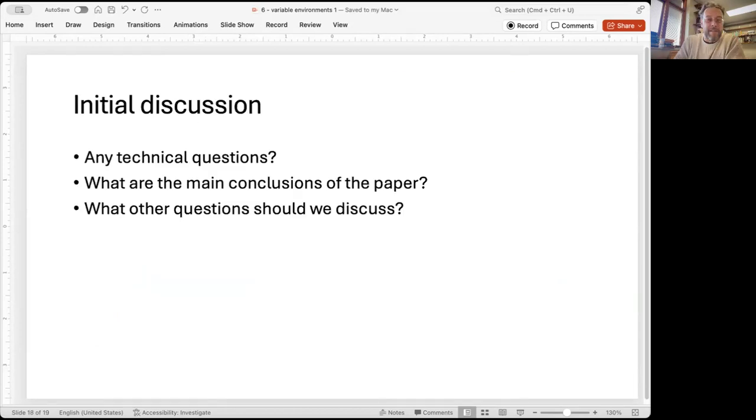So that'll be the first task. So initial discussion section, I'll send you into your little working groups, and you want to discuss with your group these 3 things. First of all, were there any questions about the logic of the paper, what they did, and so on. So try and sort out any questions amongst yourselves about the paper.